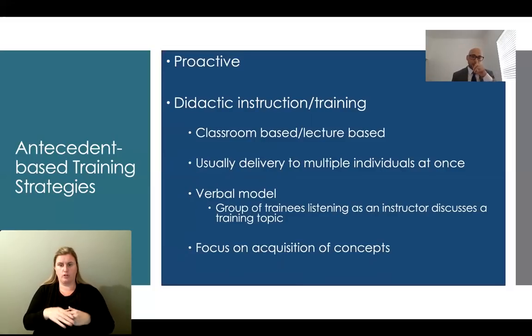One of those strategies includes didactic instruction or training. So what is didactic training? It is a classroom-based, lecture-based model of instruction, usually delivered to multiple individuals at once, in which the instructor or lecturer employs what's called a verbal model of instruction.